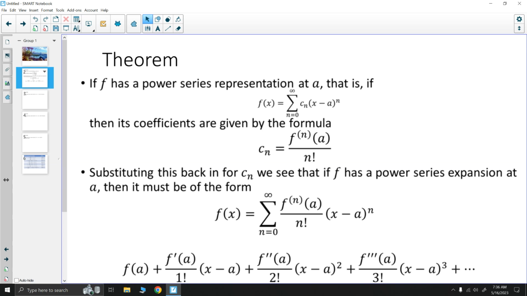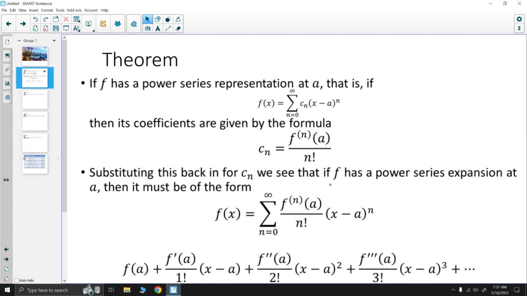And so substituting this c sub n, our coefficient, back into our power series formula, we get the Taylor series formula. That is to say, if f has a power series expansion at a, then it must be of the form f of x is equal to the sum from n equals 0 to infinity of, again, the nth derivative of f at a over n factorial times (x minus a) to the n.